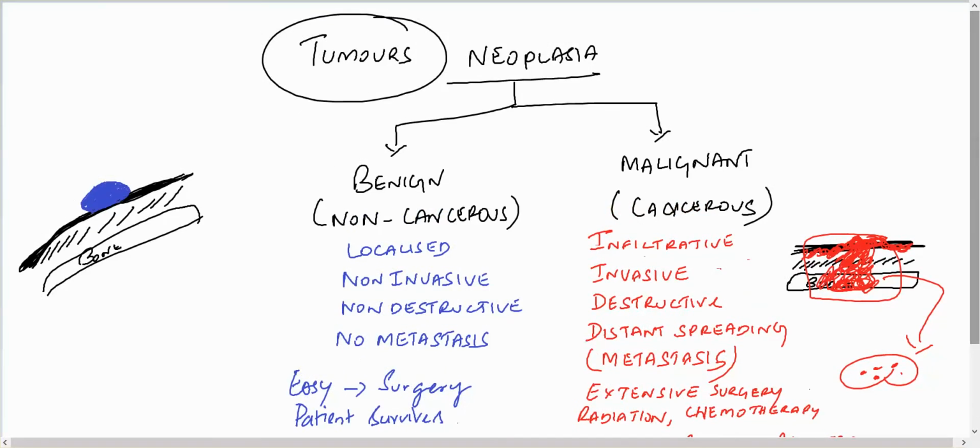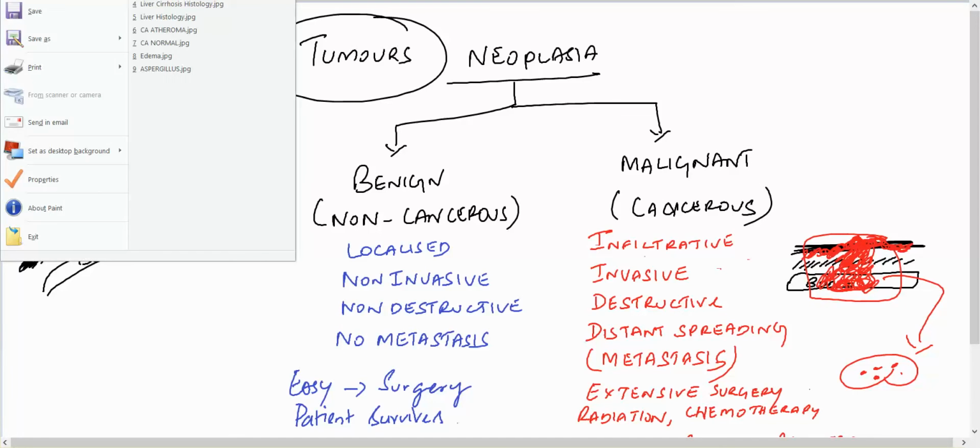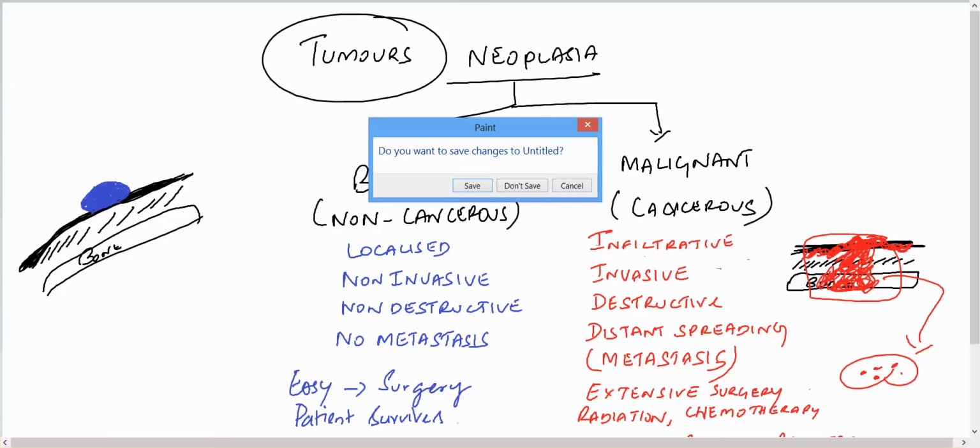Now we are going to see about the terminologies, how they call the benign tumors and the malignant tumors.